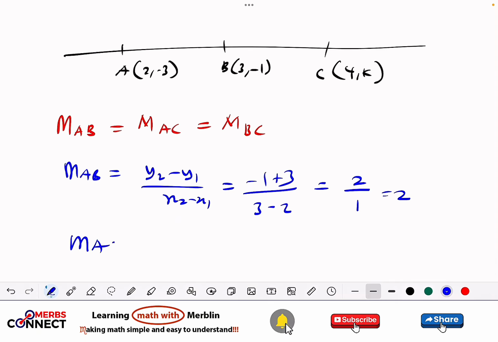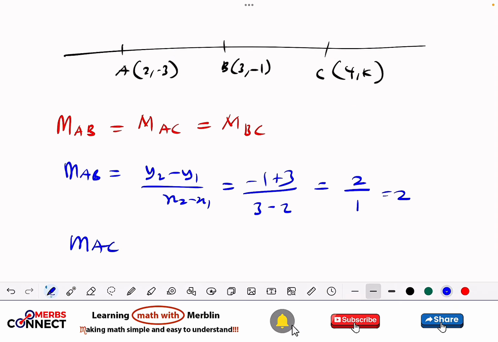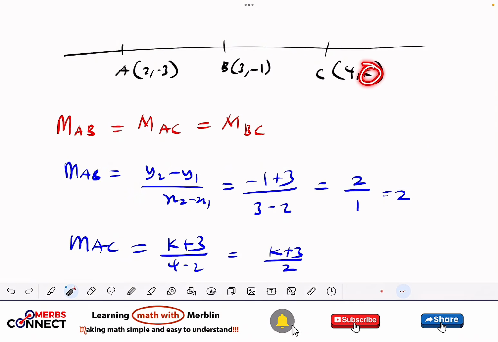Then slope of AC. If I'm using AC, because I need to pick the one that I can get a constant in it. So I'm going to have k plus 3 divided by 4 minus 2. So this is going to be k plus 3 divided by 2.